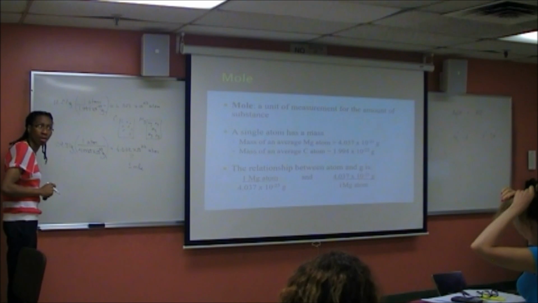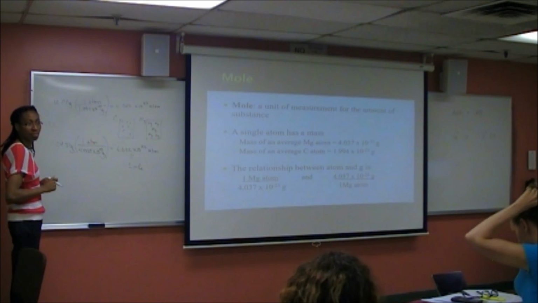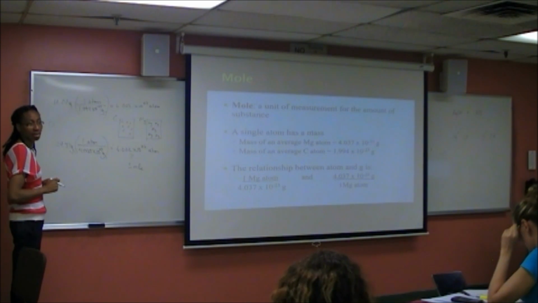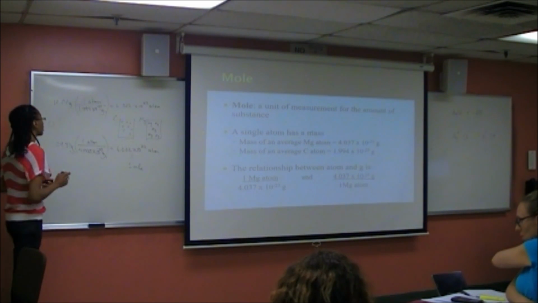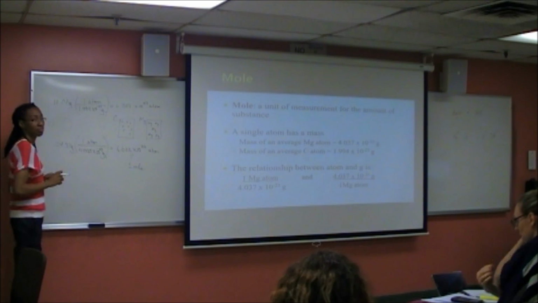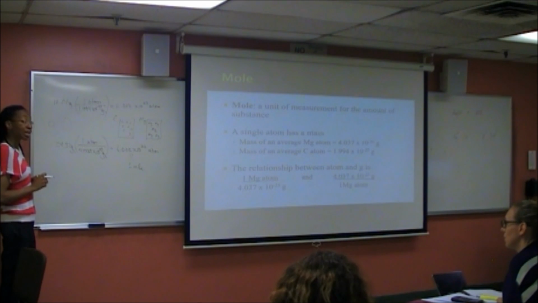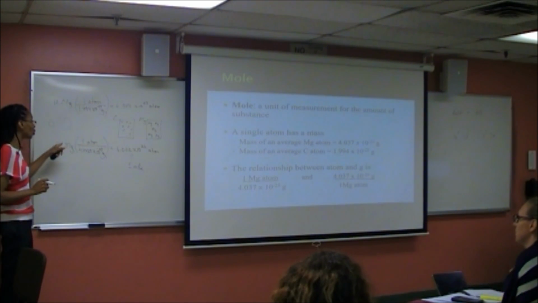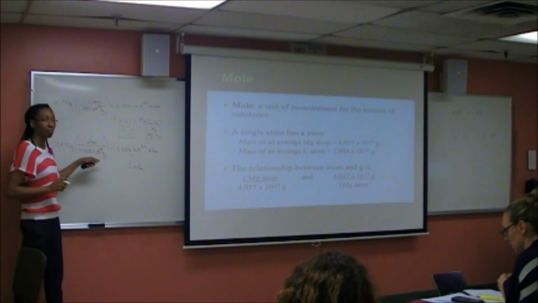Let's try again. How many protons in magnesium? It's 12. How many neutrons? It's 12. It depends on the size. As the atom gets bigger, it's going to weigh more. But it's still the same number of atoms in each of them.